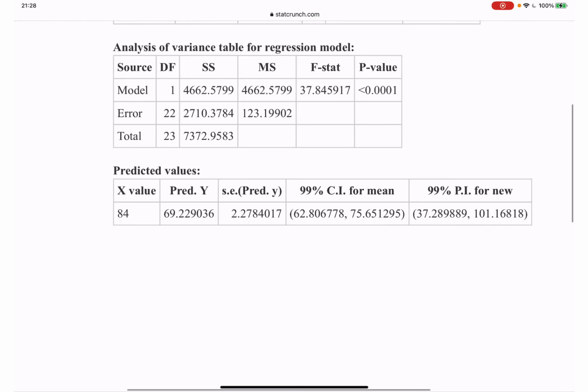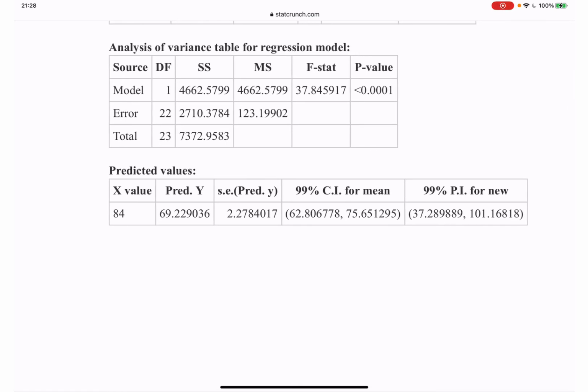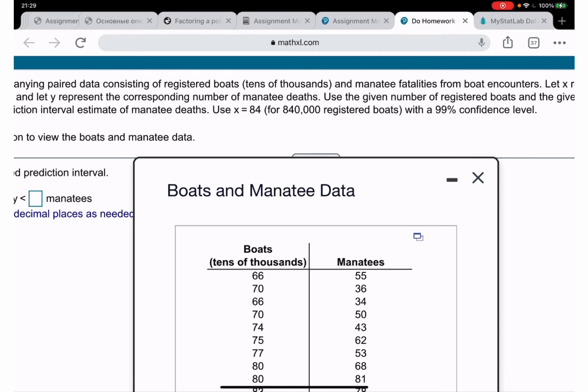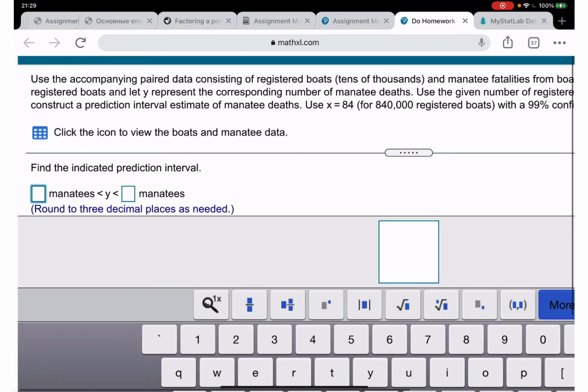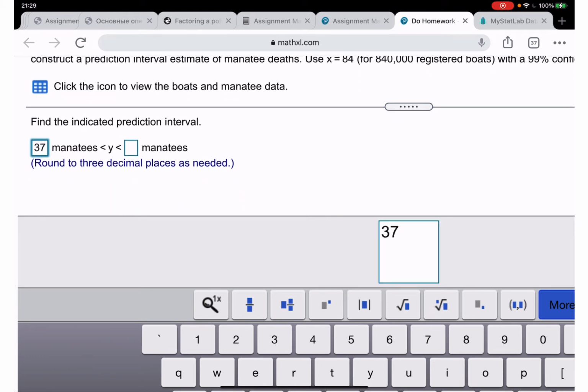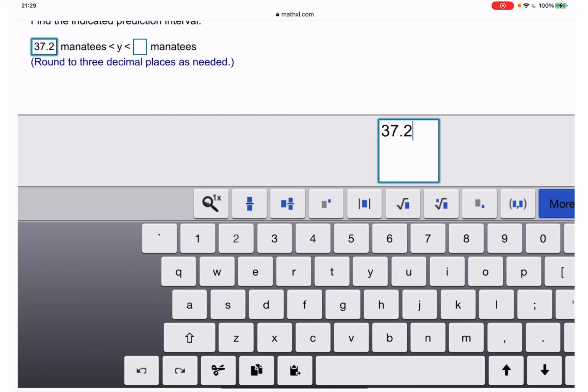We have the 99% prediction interval for new, which is 37.28 to 101.17. Let me write that down.